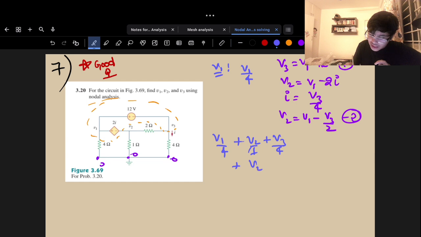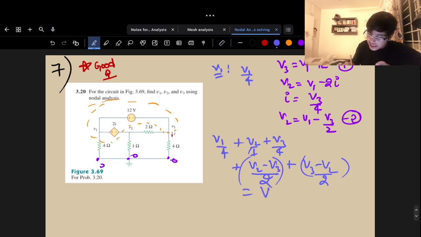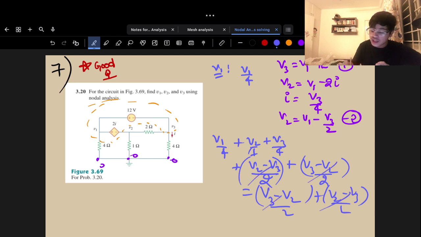Say (V2 minus V3) by 2 is my current leaving. Similarly, (V3 minus V2) by 2 is my current entering. Now, the current entering will be (V3 minus V2) by 2 plus (V2 minus V3) by 2. So this is going to cancel, this is going to cancel. So in the end, I'm going to be left with this particular equation.